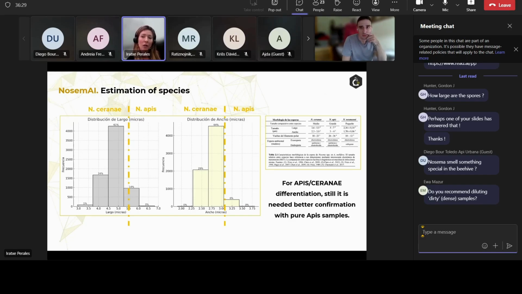I know that the diagnosis in the beehives for Nosema apis was mainly done by the deformed wings and the diarrhea in the front panel. But for Nosema ceranae, it's very difficult.